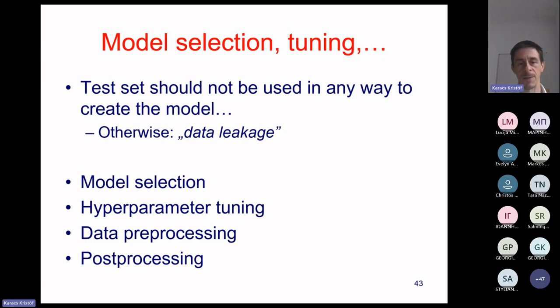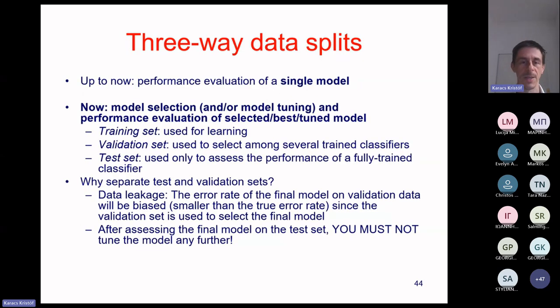This is something we will have to pay attention to throughout model selection, because there might be temptations to use test results when selecting models.